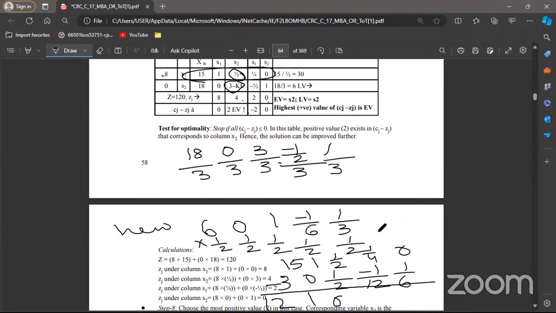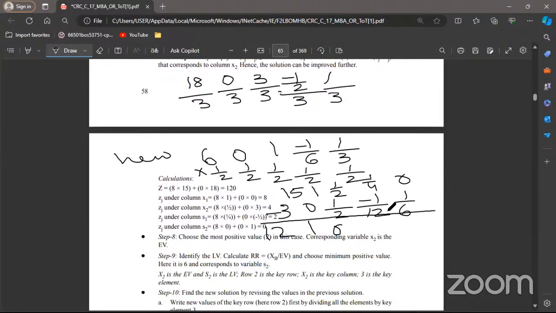Plus 1 by 4 only. 1 by 4 minus of minus 1 by 12. 1 by 4 minus of minus will become plus. So how much is 1 by 4 plus 1 by 12? 4 by 12, 1 by 3. 0 minus 1 by 6? Minus 1 by 6.